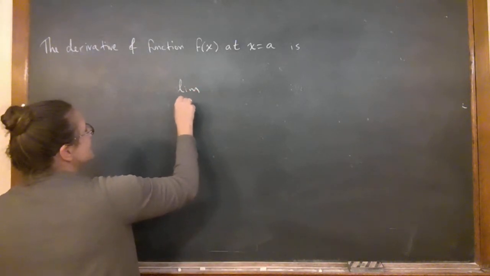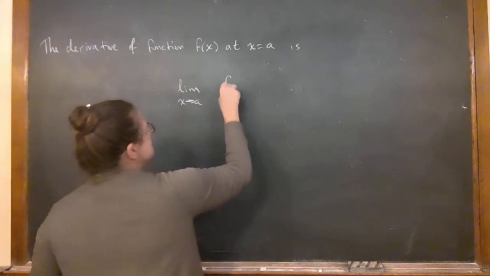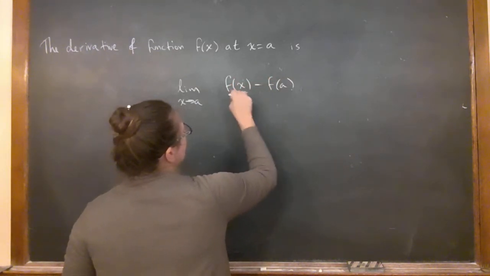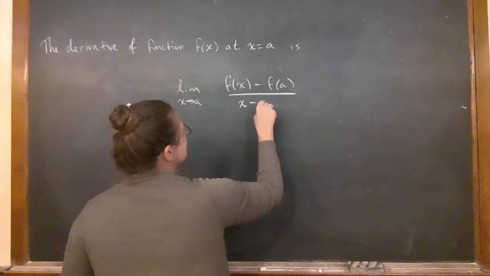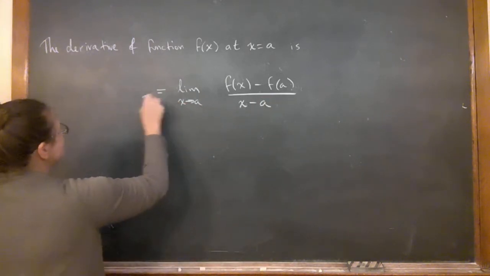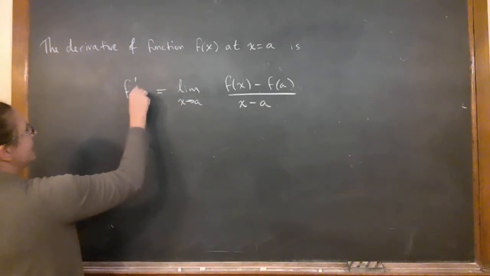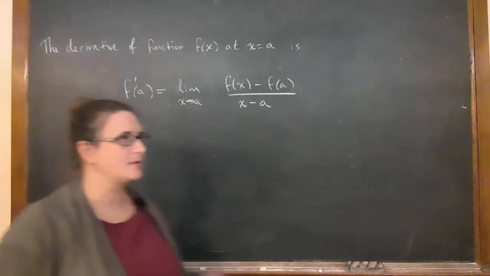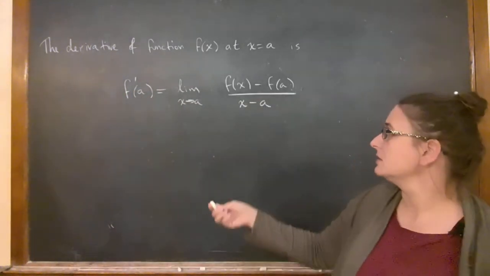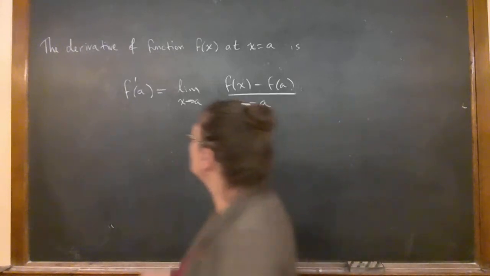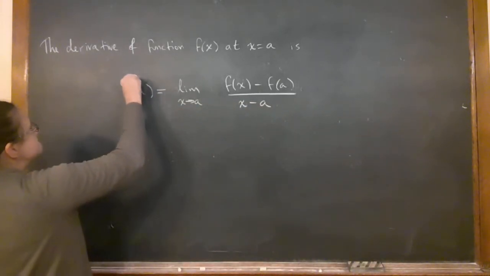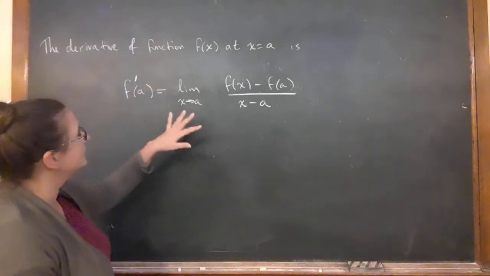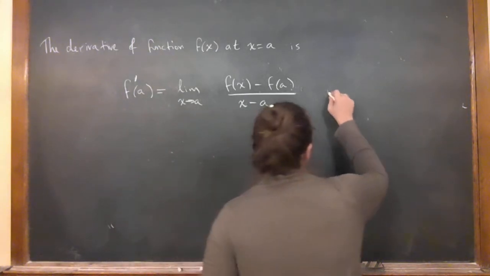Limit as x goes to a, and it has a notation we use, f primed of a. And there's another notation we use as well, but we'll talk about that in chapter 3. So we're just going to use f primed of a. Notice it's a prime, it's not a 1. And that's the derivative. And this is called the derivative when this limit exists, right?